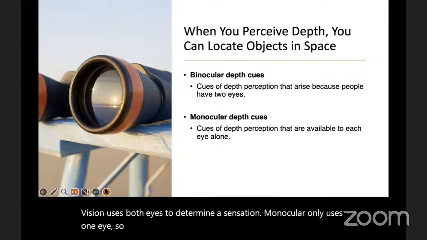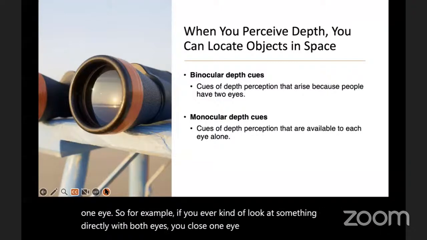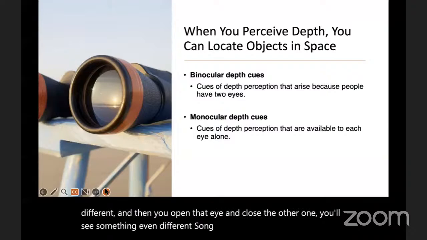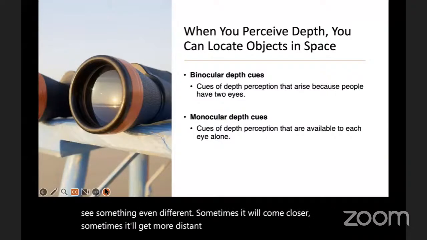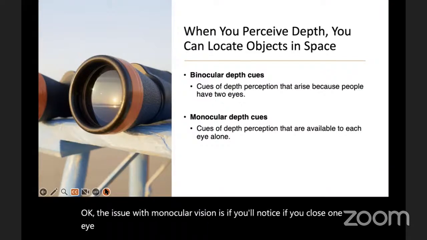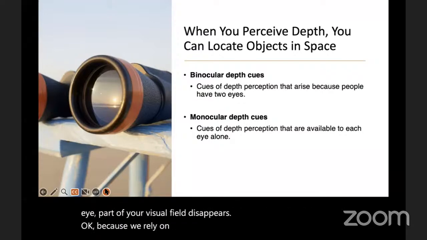So for example, if you look at something directly with both eyes, you close one eye and you'll see something different. And then you open that eye and close the other one, you'll see something even different. Sometimes it will come closer, sometimes it'll get more distant, and that's an example of monocular vision. The issue with monocular vision is if you close one eye, part of your visual field disappears. Okay, because we rely on binocular vision in order to see the full visual field.